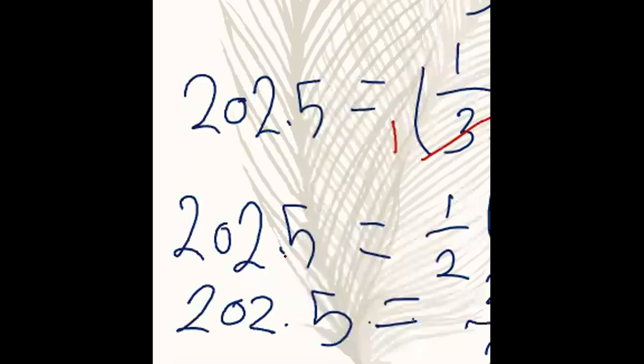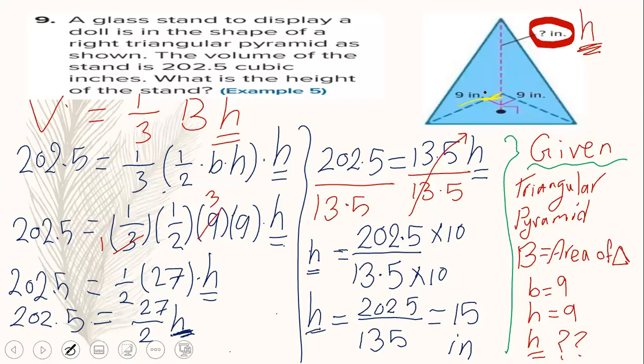This 9 inches is the base of the triangle, and this 9 is the height of the triangle. The height is always perpendicular to the base. Here, the height is perpendicular to the base. And the missing is the height of the pyramid.